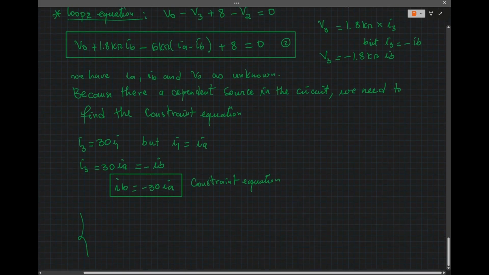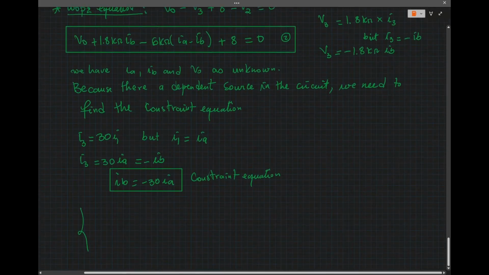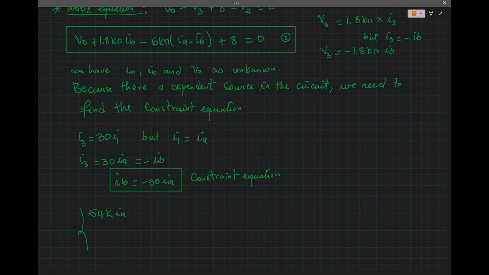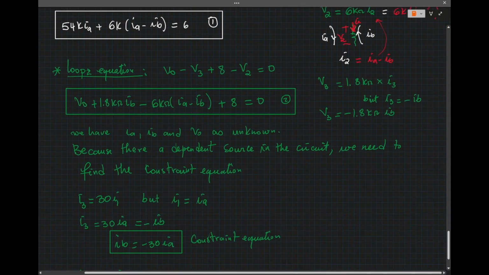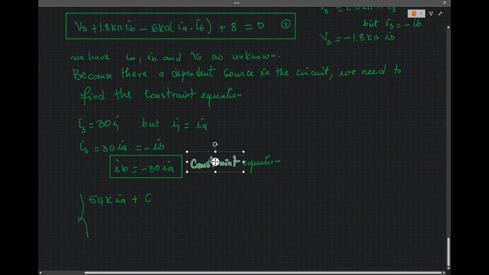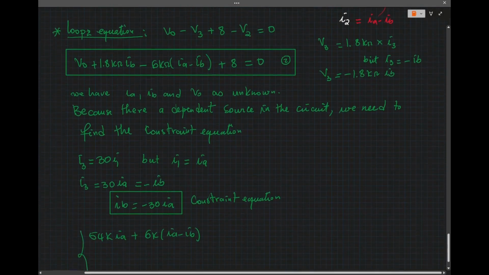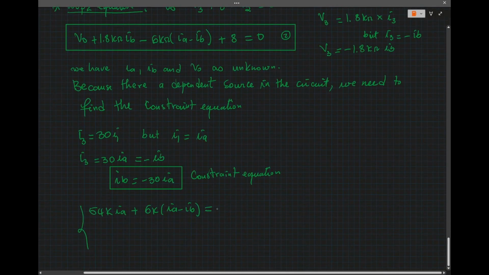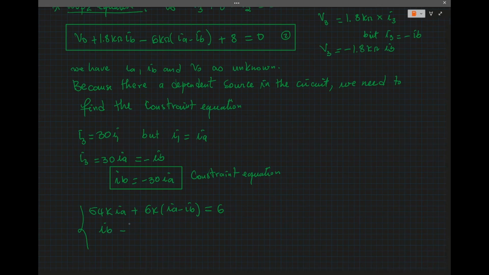So the equations are 54K IA plus 6K (IA minus IB) equals 6, and IB plus 30 IA equals 0.